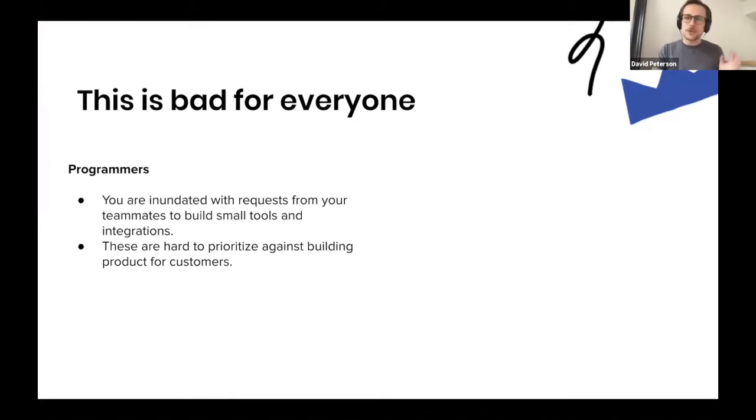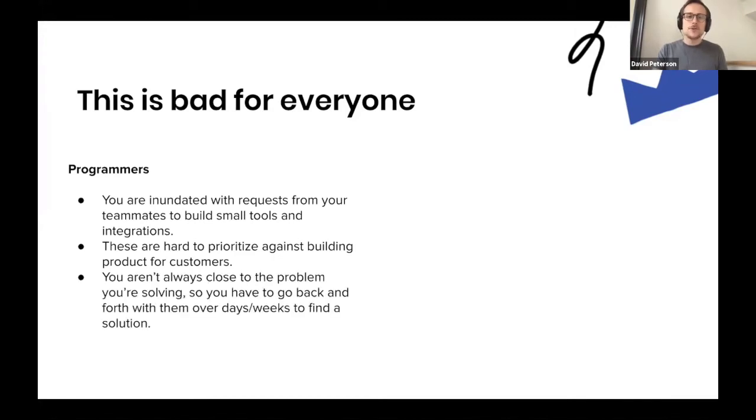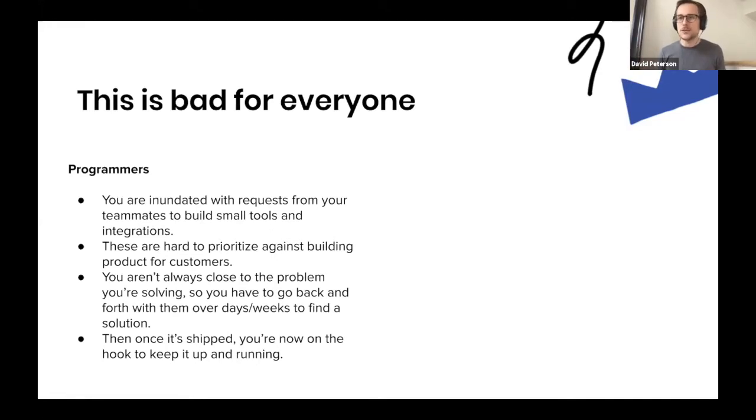Maybe you eventually get it on your roadmap, but you're not really close to the problem you're solving, right? It's your teammates' problem. So you have to go back and forth to figure it out. Maybe you don't even get it right the first time, because maybe they don't even know what their problem is. And then finally you ship it, but now you're on the hook to keep it up and running. So now it's just an albatross around your neck that you have to deal with.